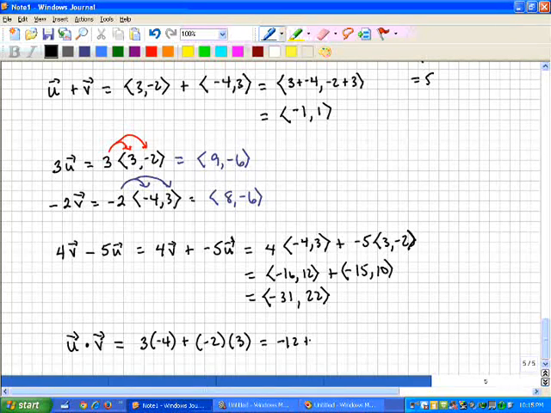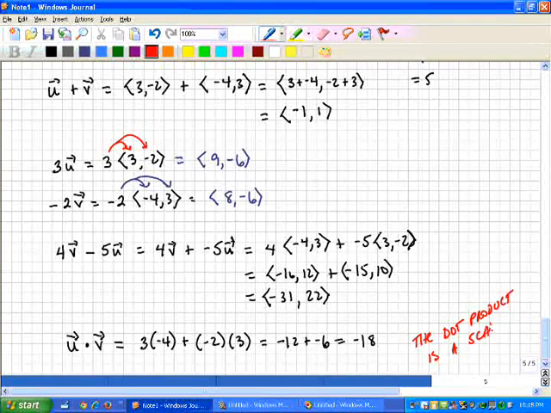Negative 12 plus negative 6 means u dot v is negative 18. And notice the dot product is a scalar. It's not a vector. It's a constant, not a vector.